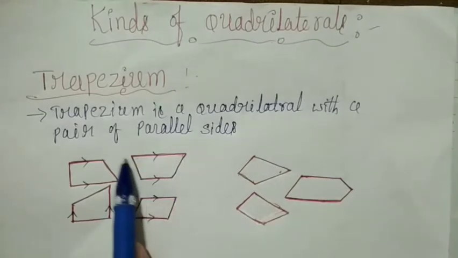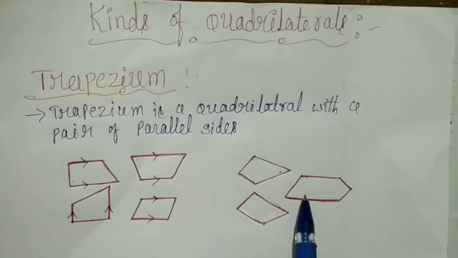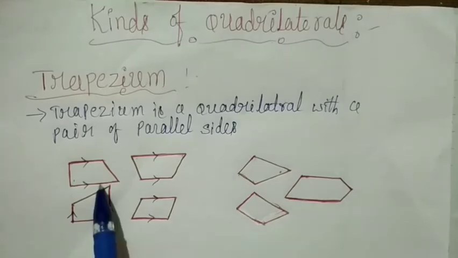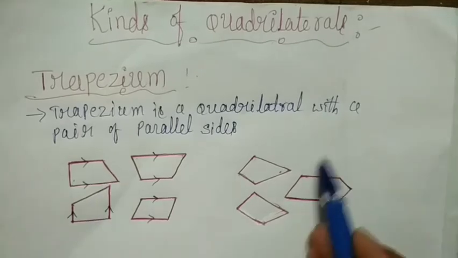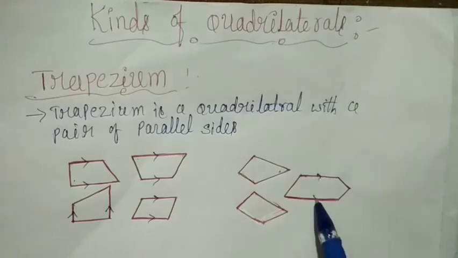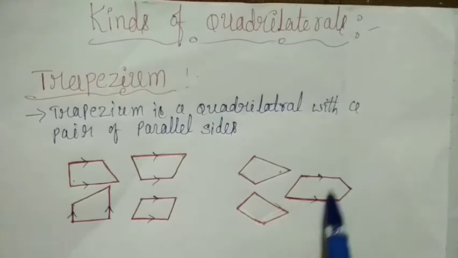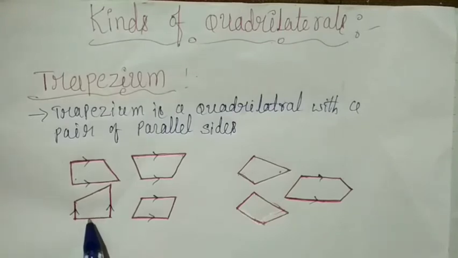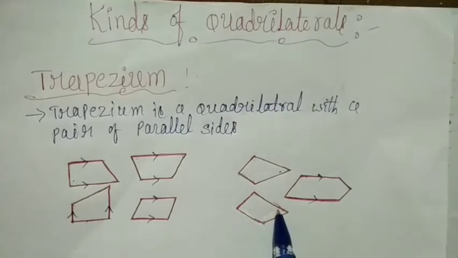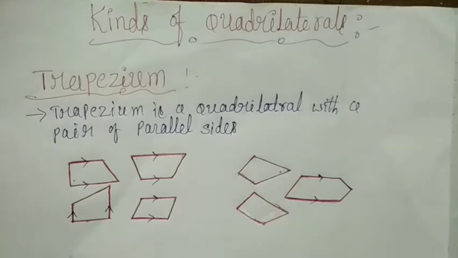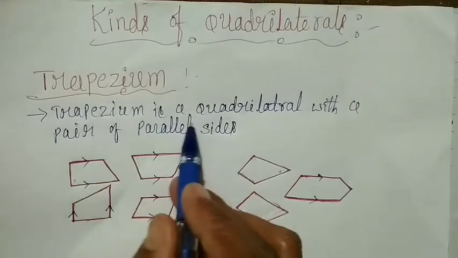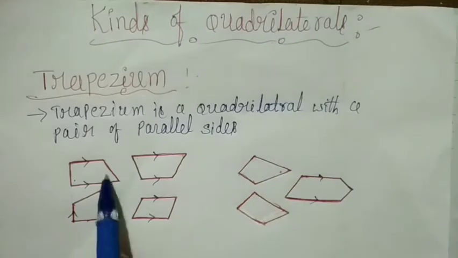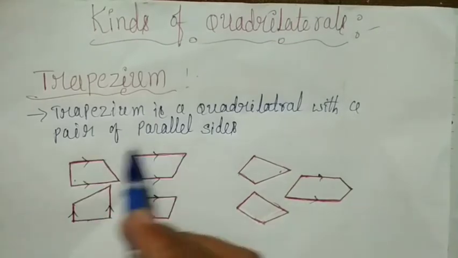Look at this figure and look at this figure also. Only one pair of sides is parallel, but these are trapeziums. These are not trapeziums, because trapezium is a quadrilateral with a pair of parallel sides.